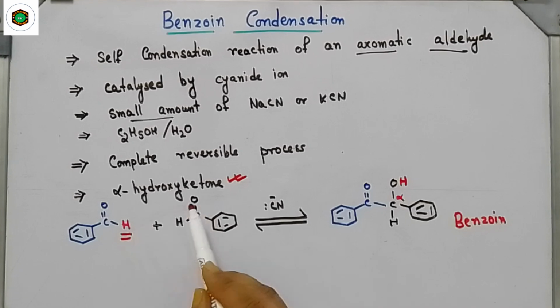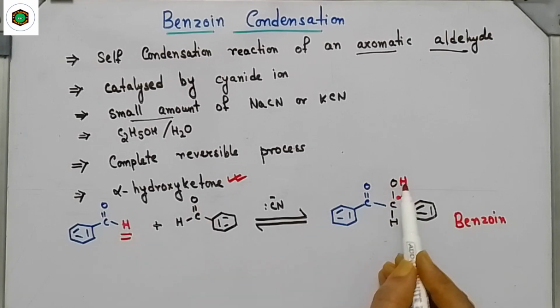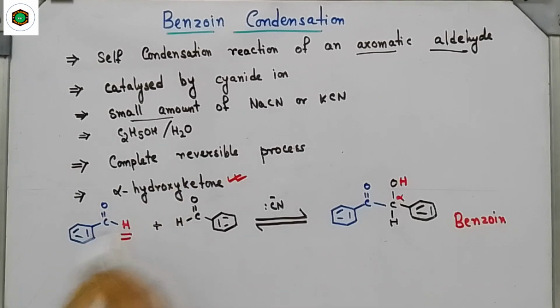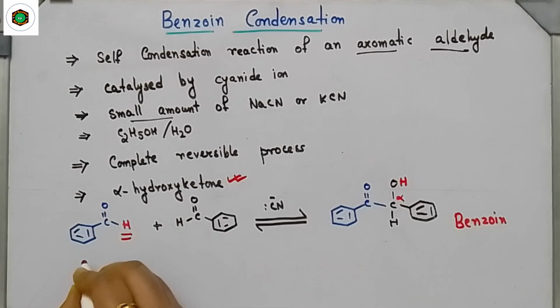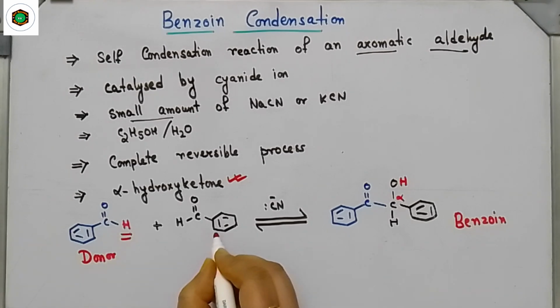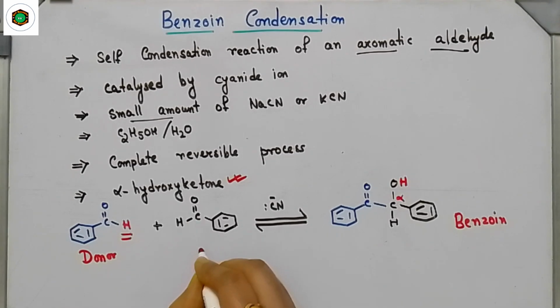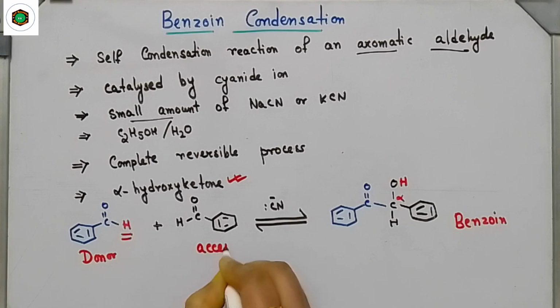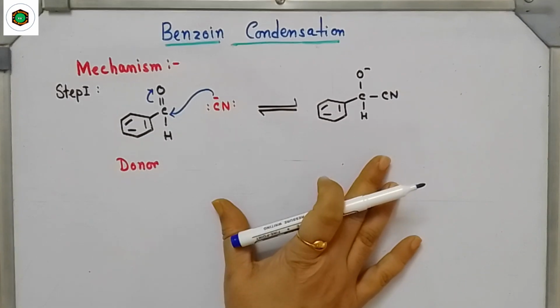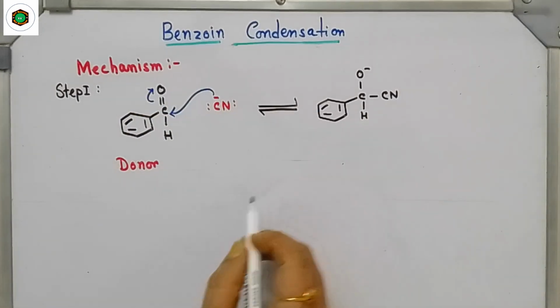It is accepting. See here, this hydrogen is coming here. Aldehyde molecule which is donating its hydrogen, aldehydic hydrogen, it is called donor, and which will accept this hydrogen, it is called acceptor molecule.